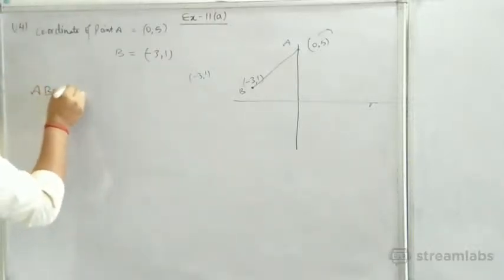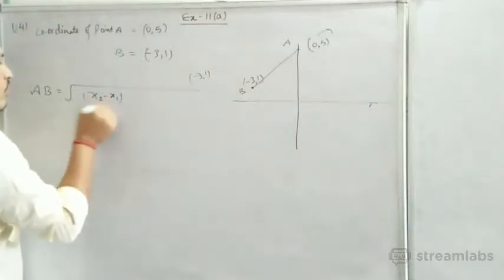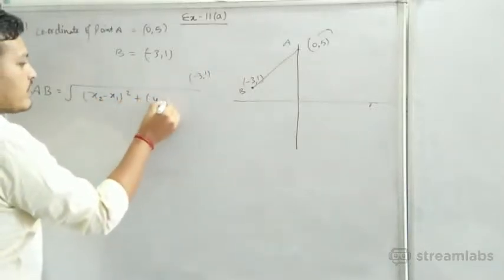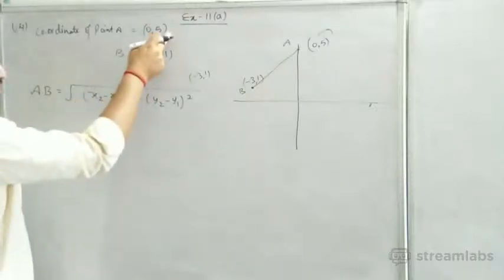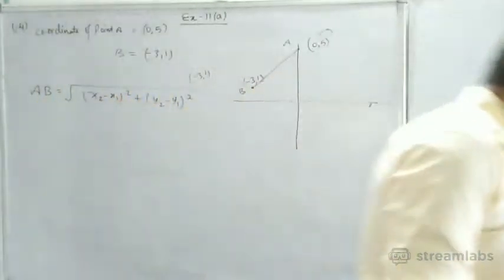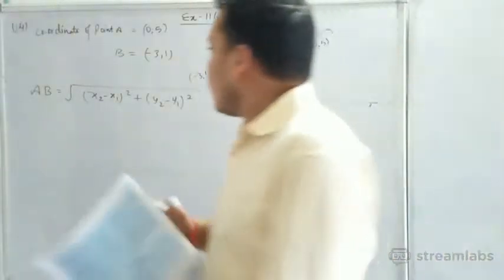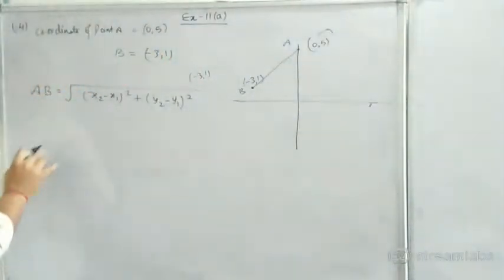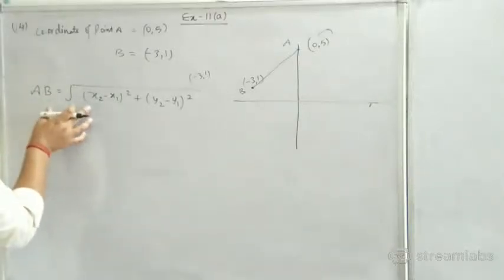As you know, the distance formula is the square root of x2 minus x1 whole square plus y2 minus y1 whole square. By using this formula we can calculate the length of AB. So this is your homework.